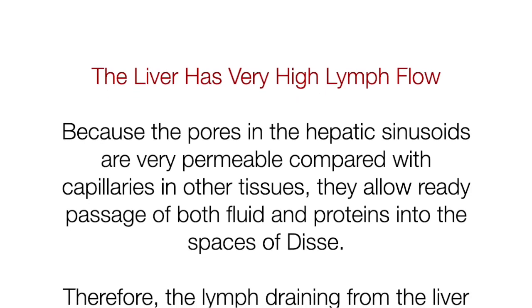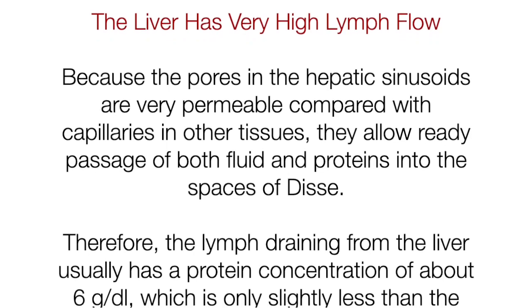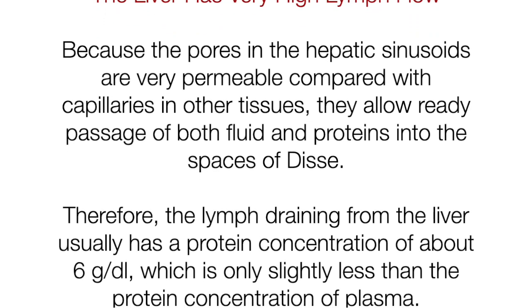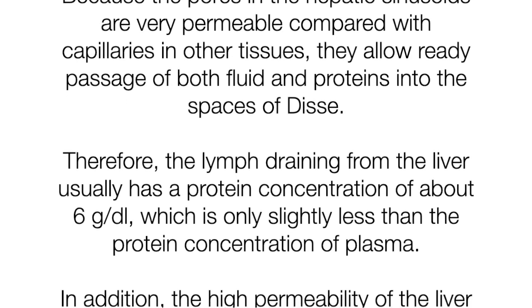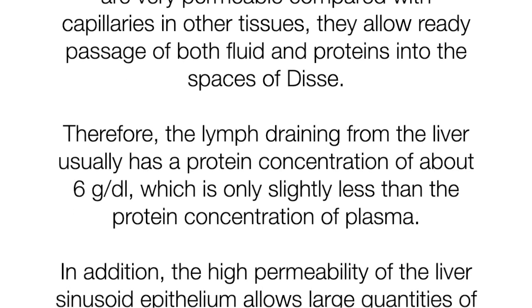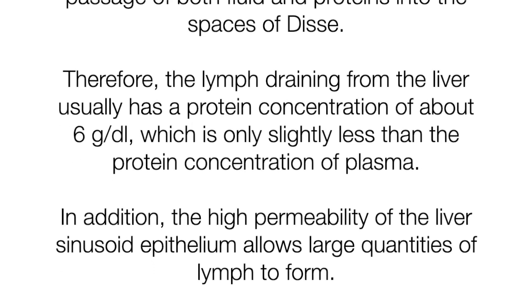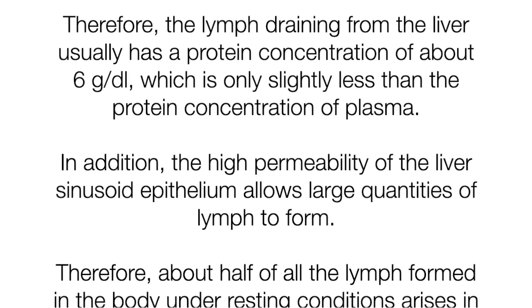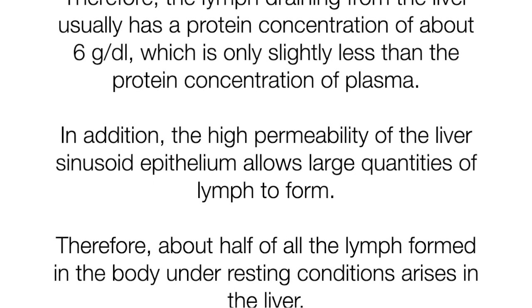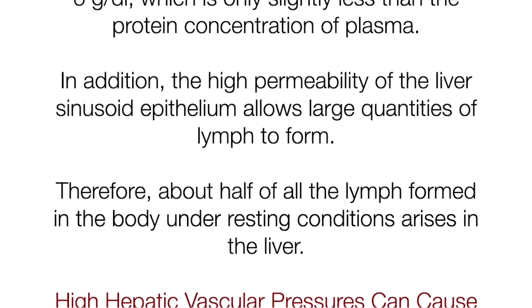Therefore, the lymph draining from the liver usually has a protein concentration of about 6 gram per deciliter, which is only slightly less than the protein concentration of plasma. In addition, the high permeability of the liver sinusoid epithelium allows large quantities of lymph to form. Therefore, about half of all the lymph formed in the body under resting conditions arises in the liver.